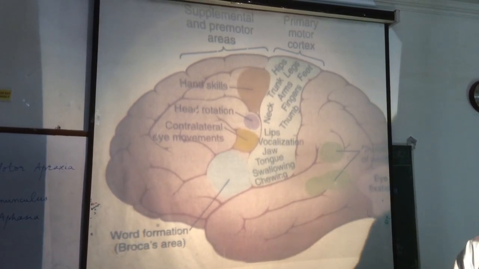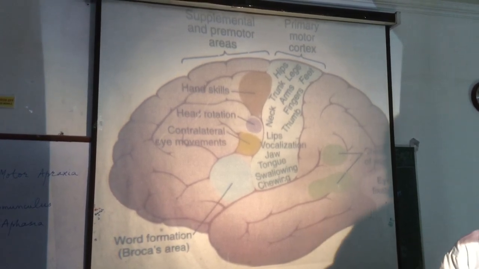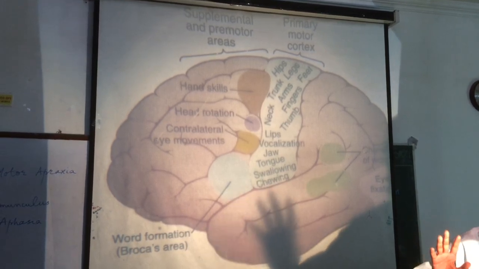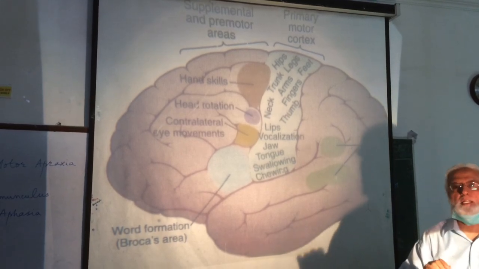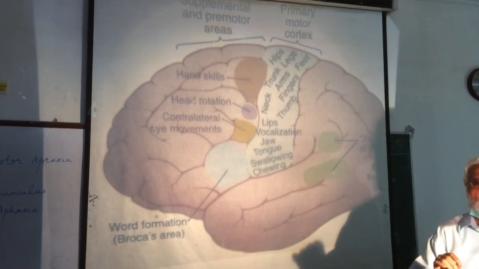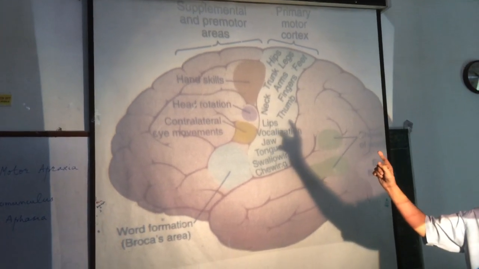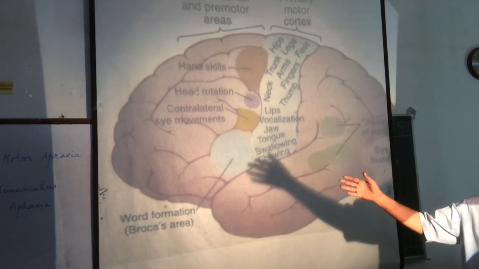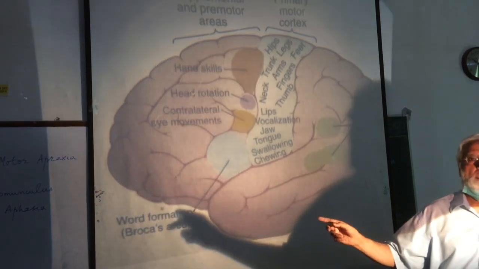Without any purpose, the hand moves. So hand movement becomes incoordinate and purposeless when there is damage to the hand skill area in the frontal lobe. This is called motor apraxia.